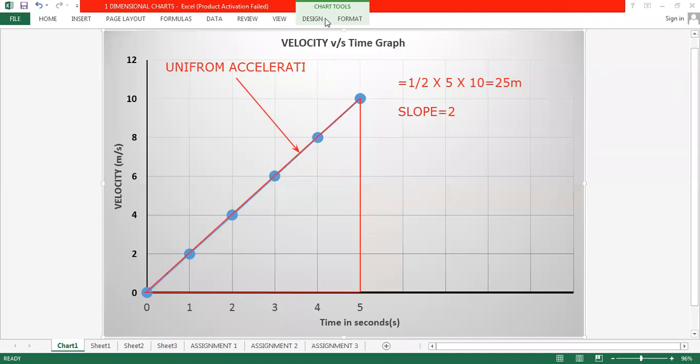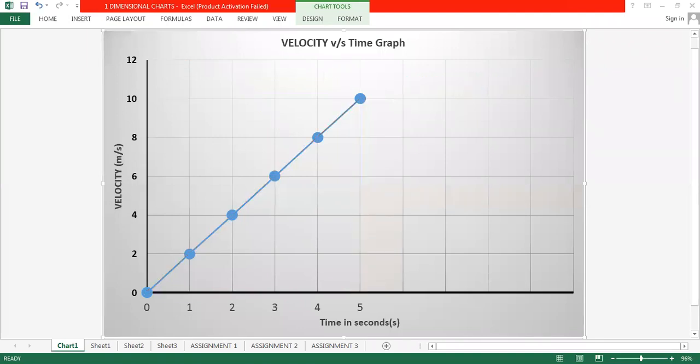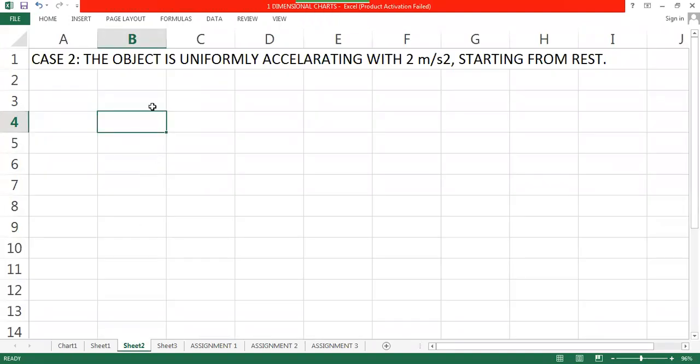What have we mentioned here? We have mentioned that the object is moving uniformly accelerating with 2 meters per second squared, starting from rest. So what is the nature of the line first of all?